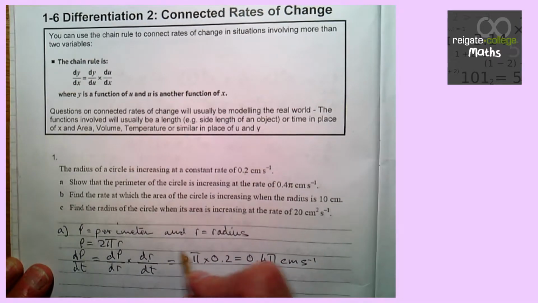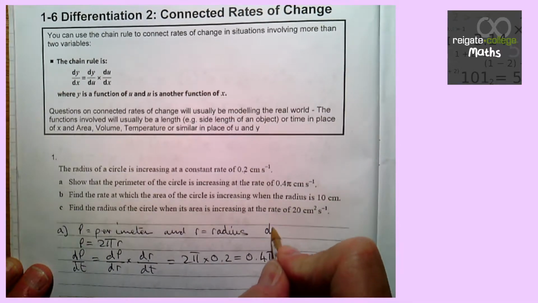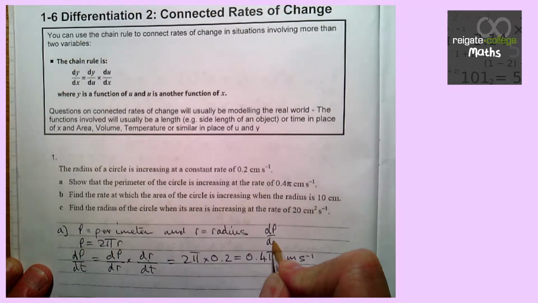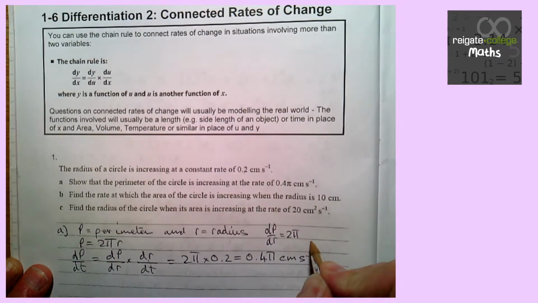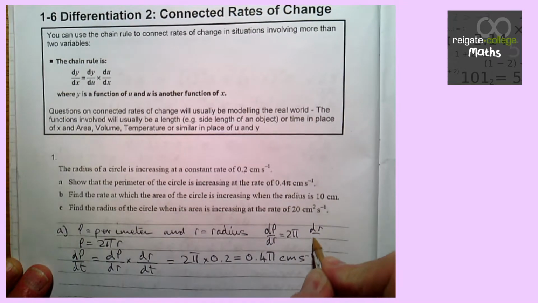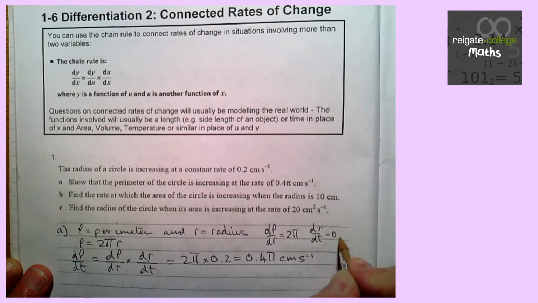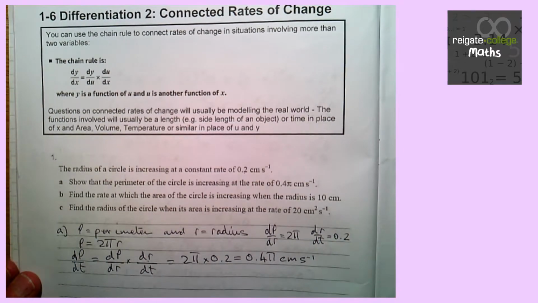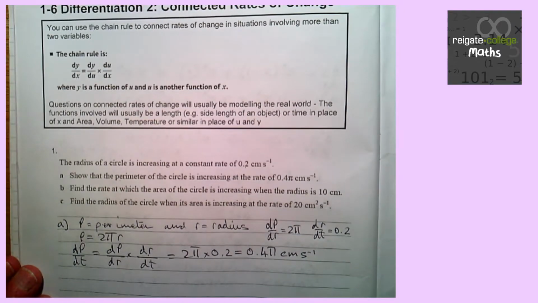You could also write out dP by dr equals 2 pi and dr by dt equals 0.2, just to make it really clear. Let's go on to part B.